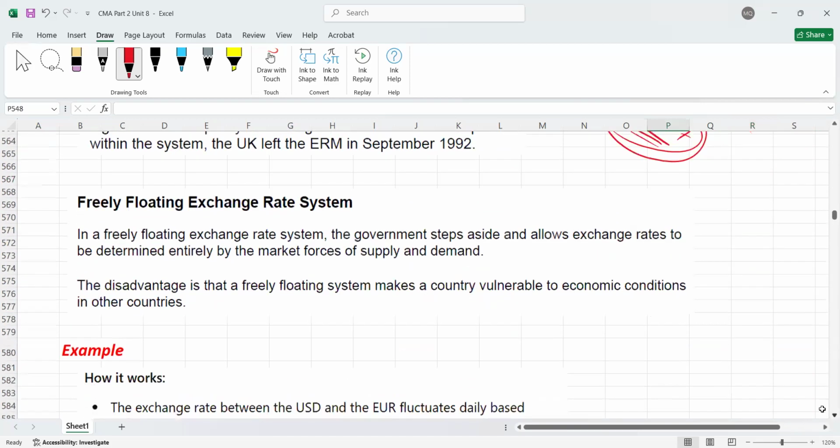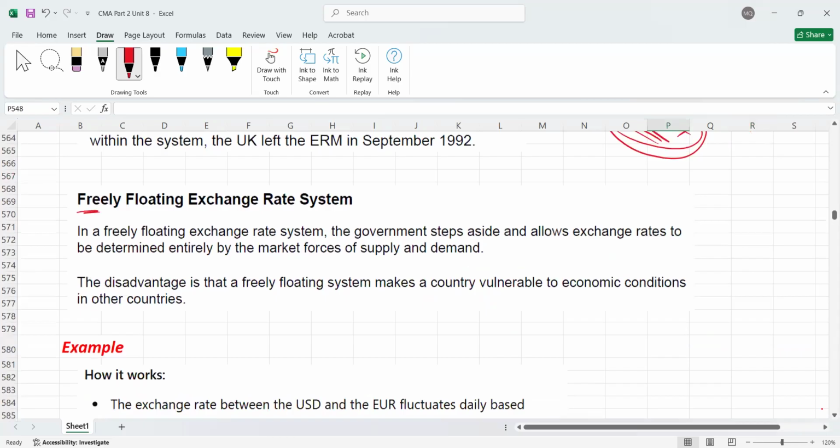Now here we have the freely floating exchange rate system. What is it? Please remember, in a freely floating exchange rate system, only the demand and supply of currencies decide the exchange rate. The government will not intervene.